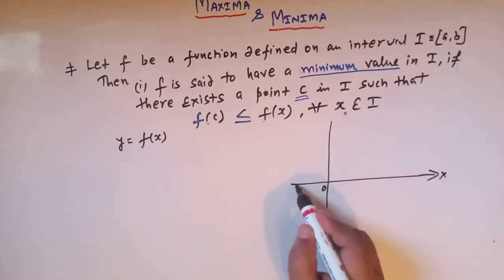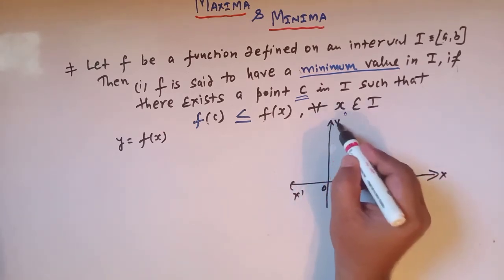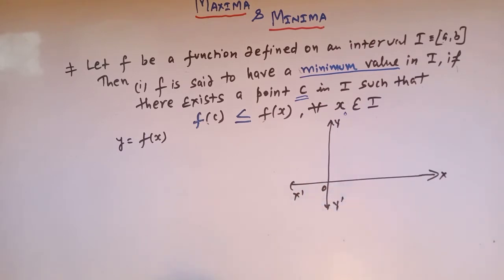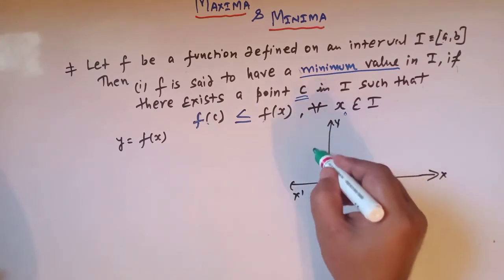So let us take a graph here to understand the meaning of this definition. Here we have the coordinate axis, and suppose the graph is like this.